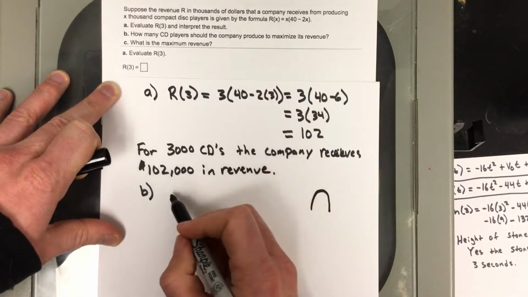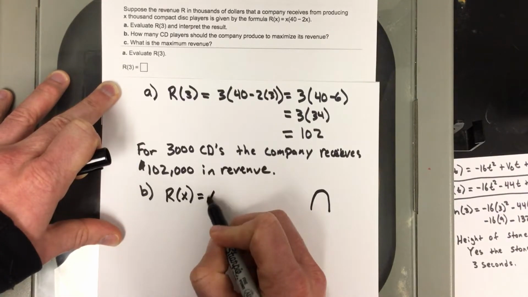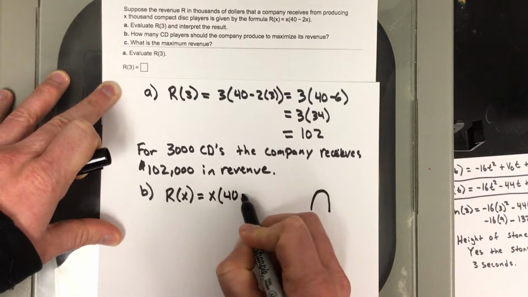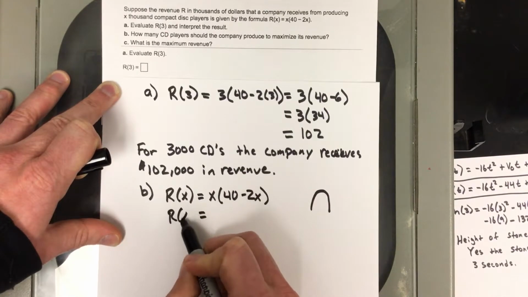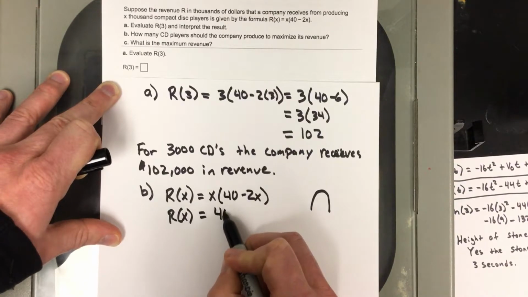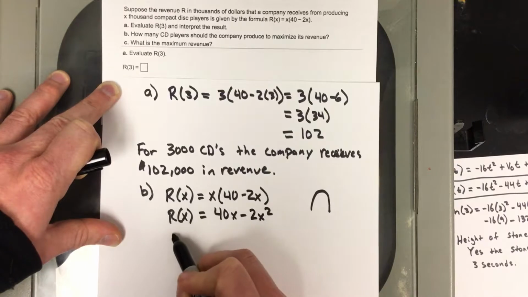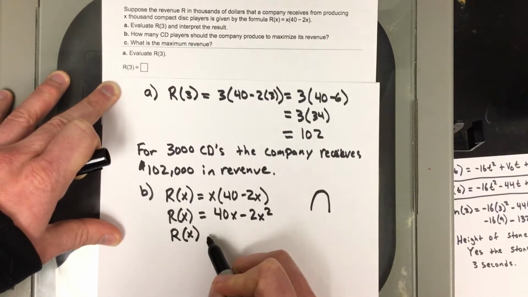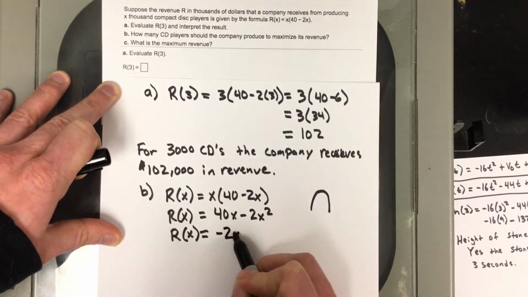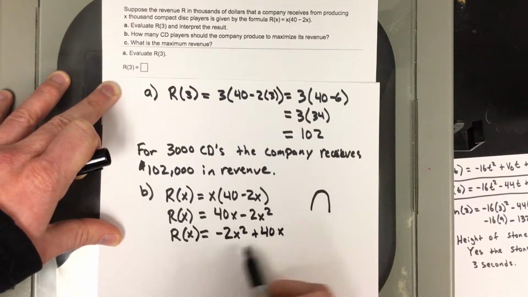If I take this equation, R of x equals x(40 minus 2x), and I distribute here, that will give 40x minus 2x squared. So if I rewrite that, that would give negative 2x squared plus 40x. So then I have this in standard form.